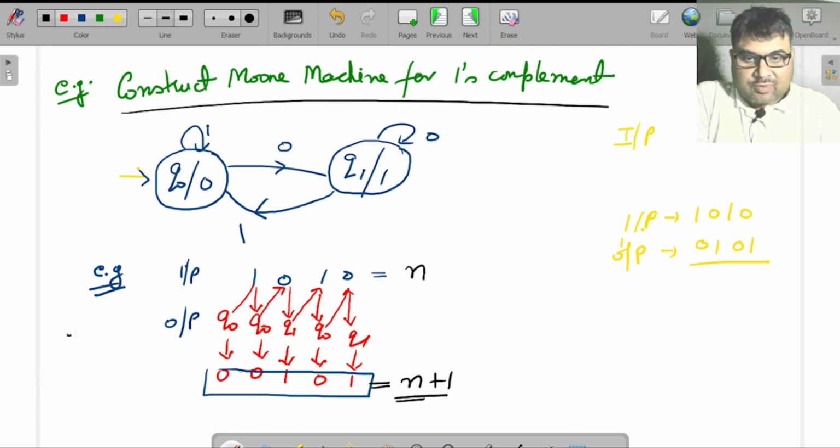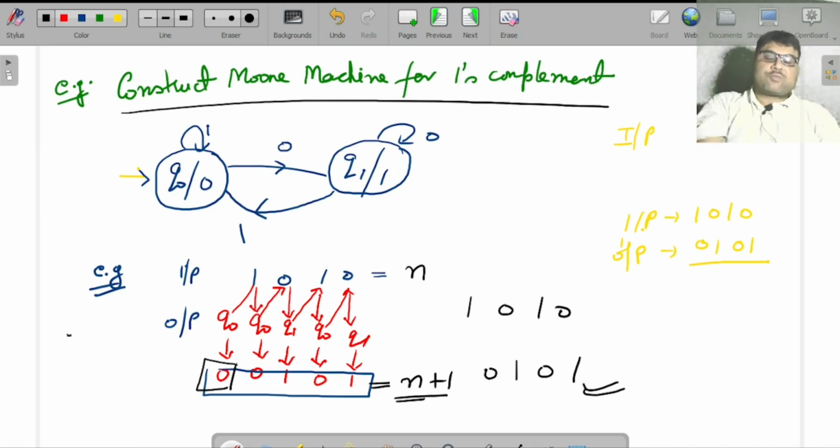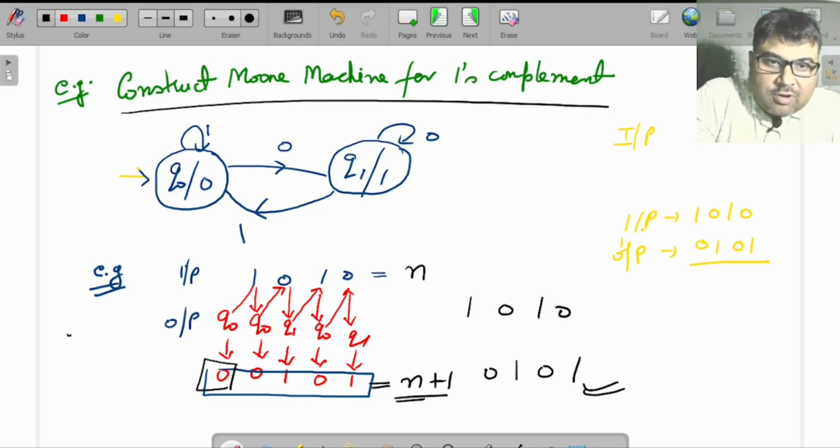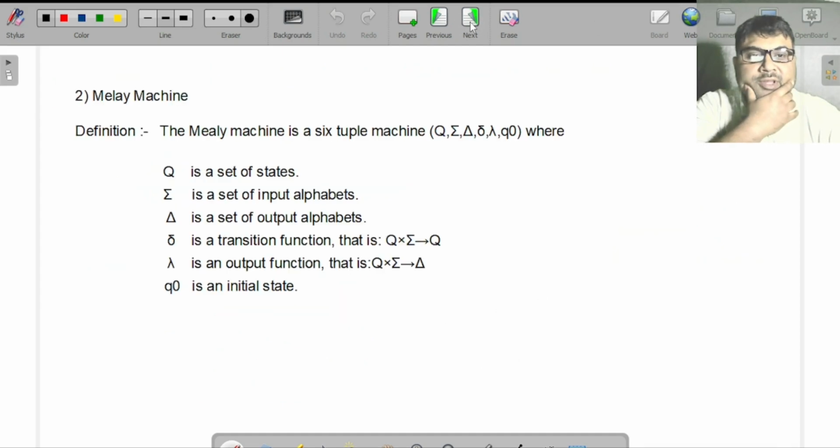So you can see that if I pass 1010, we get the output 00101. That is the machine giving us some output. There are more examples we will discuss later, but the overall concept of the Moore machine is this. Now move on to the Mealy machine.